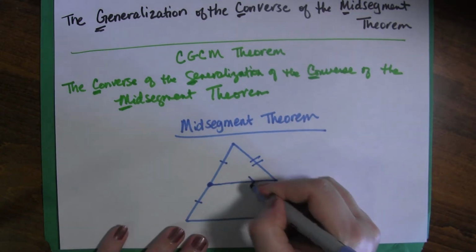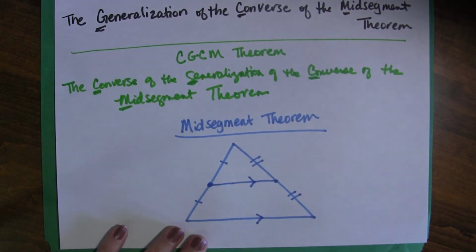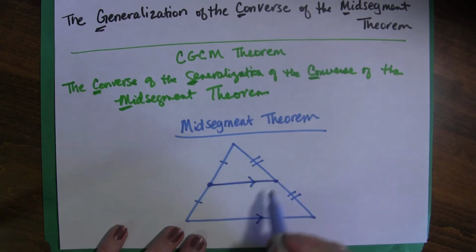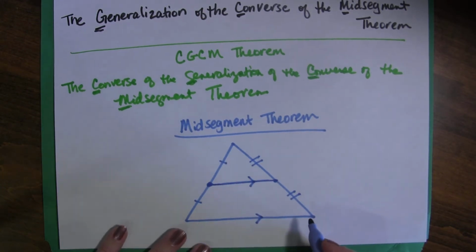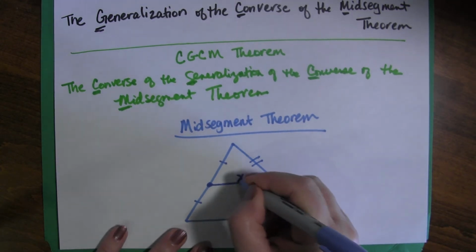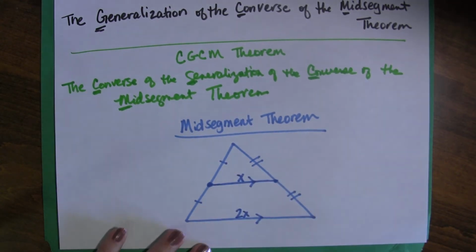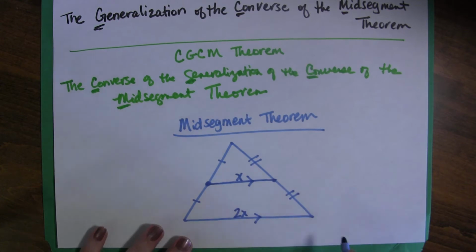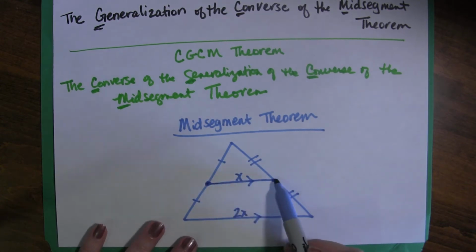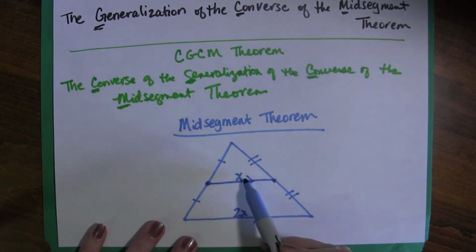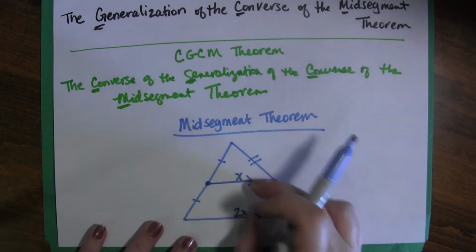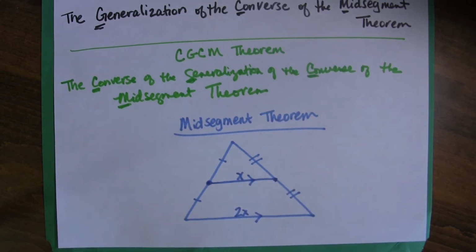We know that these lines are parallel to each other, and we also know that this mid-segment is half the length of the big side. So x and 2x, right? That's what the mid-segment theorem said. If you take the midpoint of this side and draw it to the midpoint of this side, you automatically get parallel lines, and they are in a 1-to-2 ratio to each other. So that's what the mid-segment theorem says.